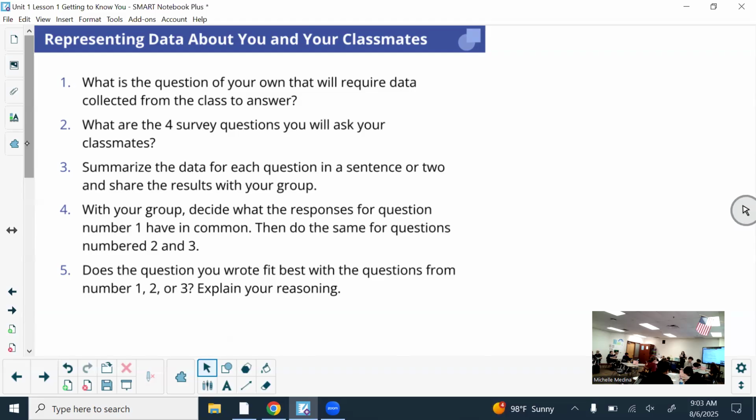With your group, decide what the responses for question 1 have in common, then do the same for questions 2 and 3. And does the question you wrote, your question 4, where you could ask whatever you want, best fit with questions 1, 2, or 3? Briefly discuss with your groups and write some answers down for 1, 2, and 3 on the back of your paper about the data you gathered.